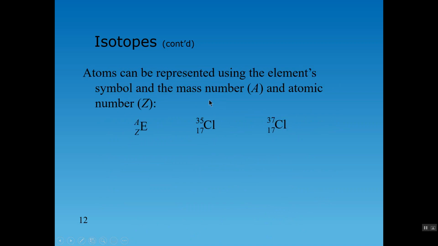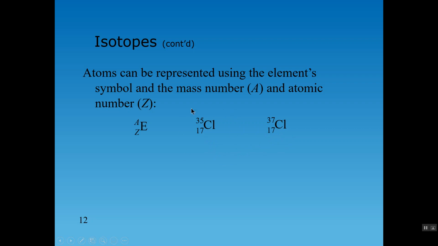now there is a kind of shorthand way of putting all that information together for an isotope. In some textbooks, they call it the isotopic symbol, where it looks like this: A, the mass number, is written as a superscript, the atomic number Z is written as a subscript, and then the symbol for the element, E, is simply written like this, all right? So for example, these are the isotopic symbols for these two chlorine isotopes, right?